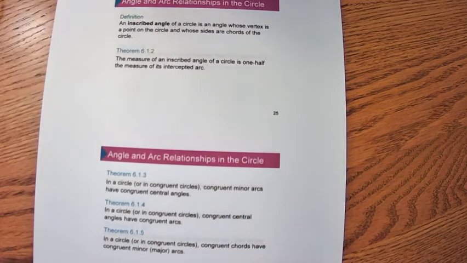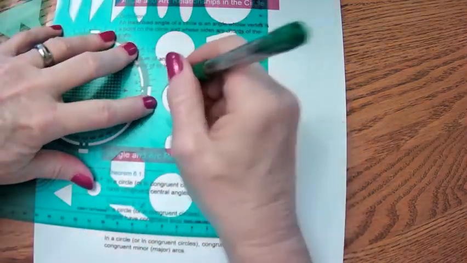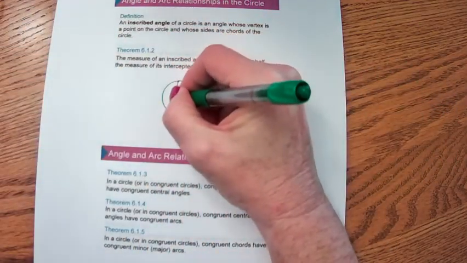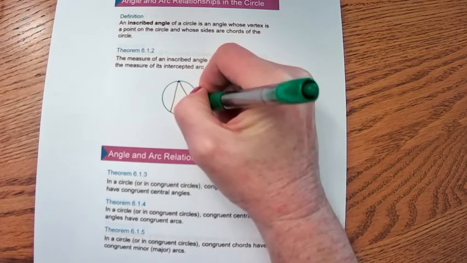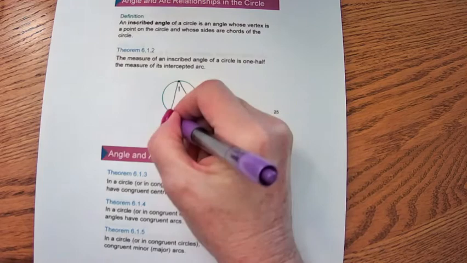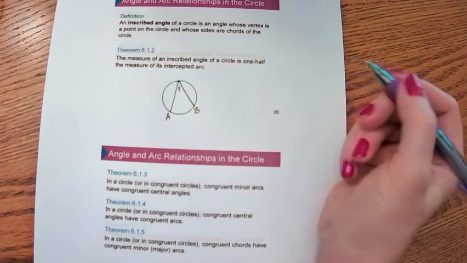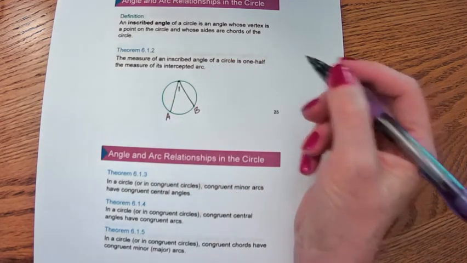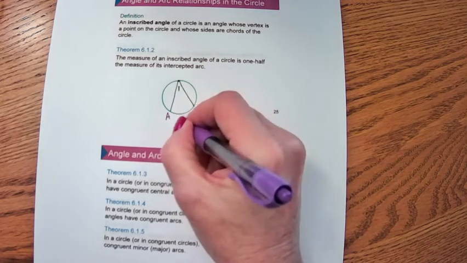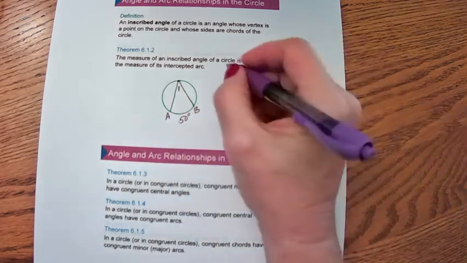All right, an inscribed angle. We've talked about a central angle, but an inscribed angle has its vertex on the circle. So angle 1 is considered an inscribed angle because its vertex is on the circle. So let's say the measure of arc AB was 50 degrees.